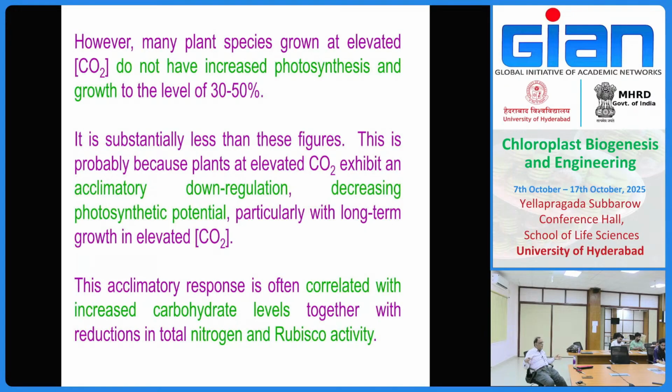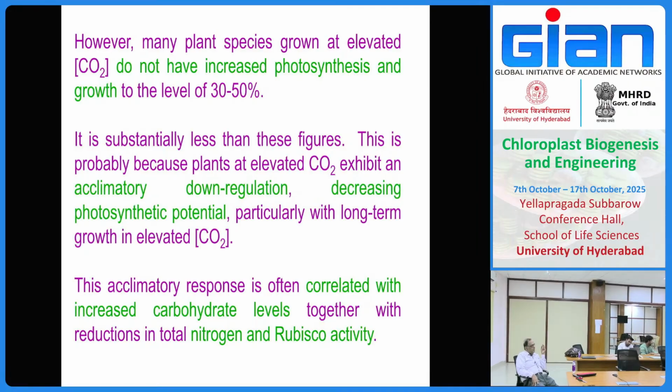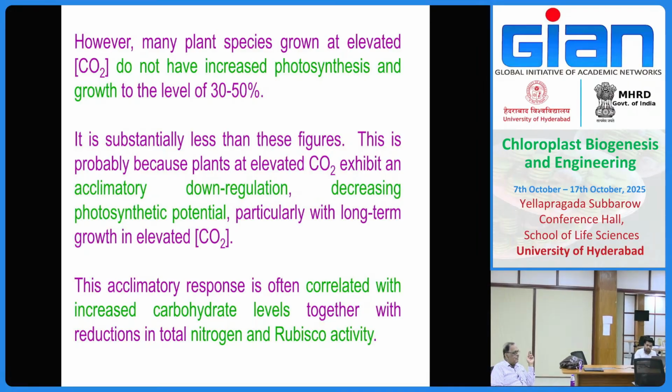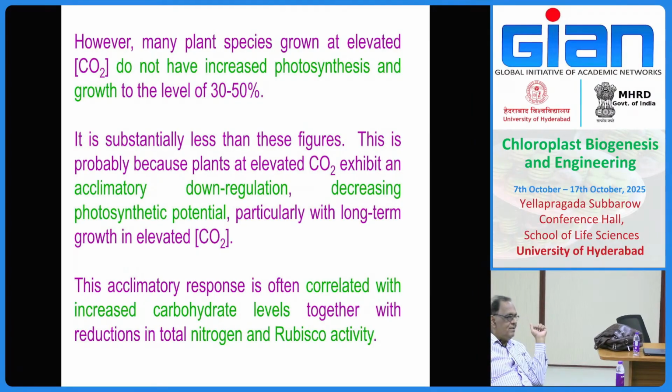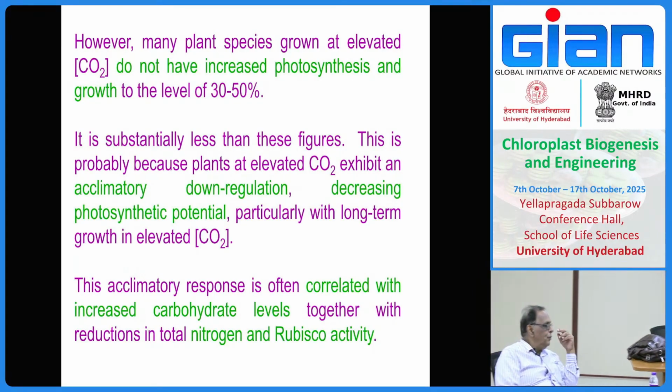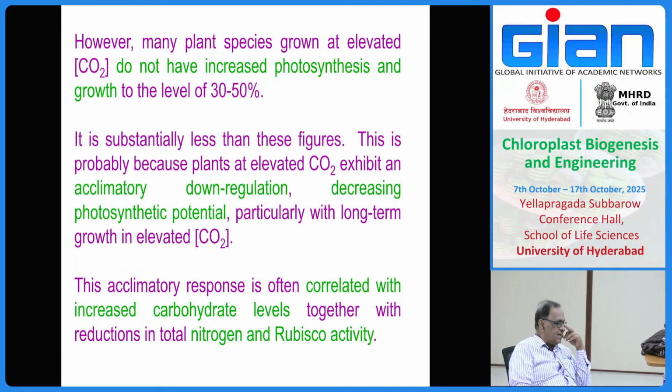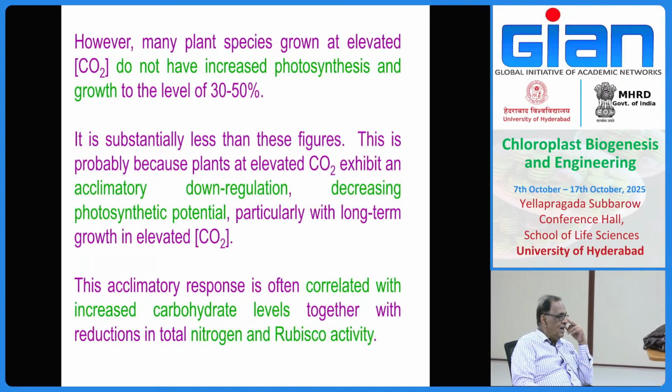So you will reach a scenario where you have more vegetative growth and less reproductive growth. You have more vegetative mass but less seed formation. So it is going to impact our agriculture if high CO2 is accompanied by high temperature.